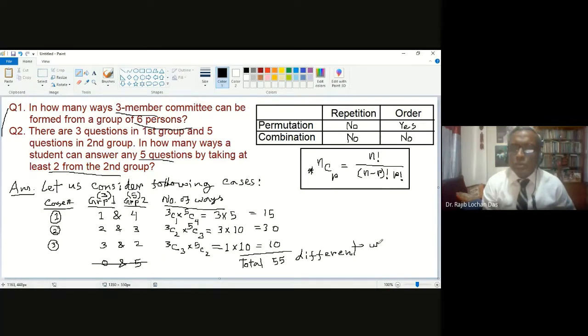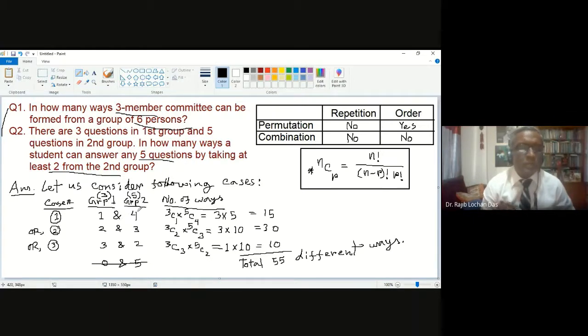So why they are added together, I told you in the last class again, because the case number will happen one or maybe two or maybe three. It is not the end. Someone will answer one question from group 1 and 4 questions from group 2.